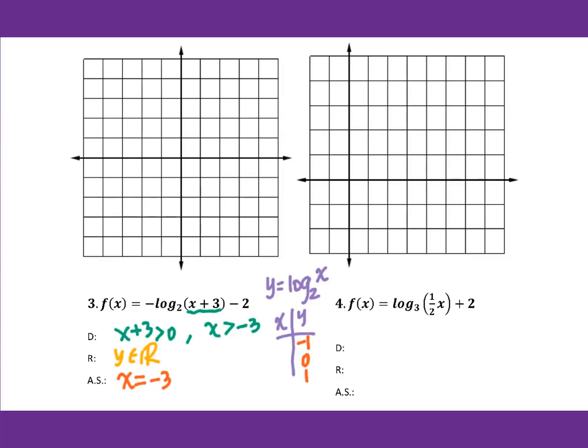So 2 to the negative first power, that's 1 over 2. 2 to the 0 power is 1. 2 to the first power, that's 2. So we got these 3 points. 1/2, -1. It's here. 1, 0. Then 2, 1.